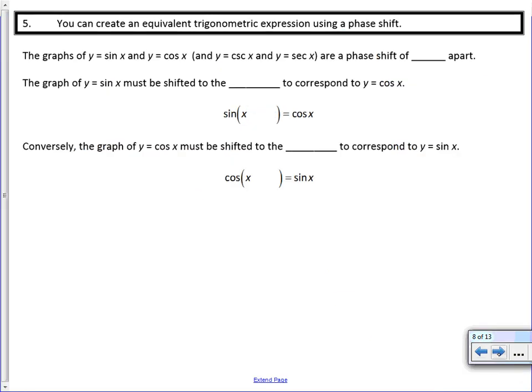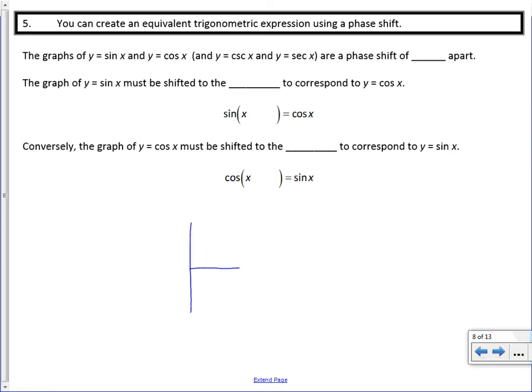Okay, the last rule is that you can create an equivalent trig expression using a phase shift. Remember, phase shift is just the trigonometric way of saying a horizontal translation. The graphs of y equals sine x and y equals cosine x, and correspondingly y equals cosecant x and y equals secant x, are a phase shift of blank apart.